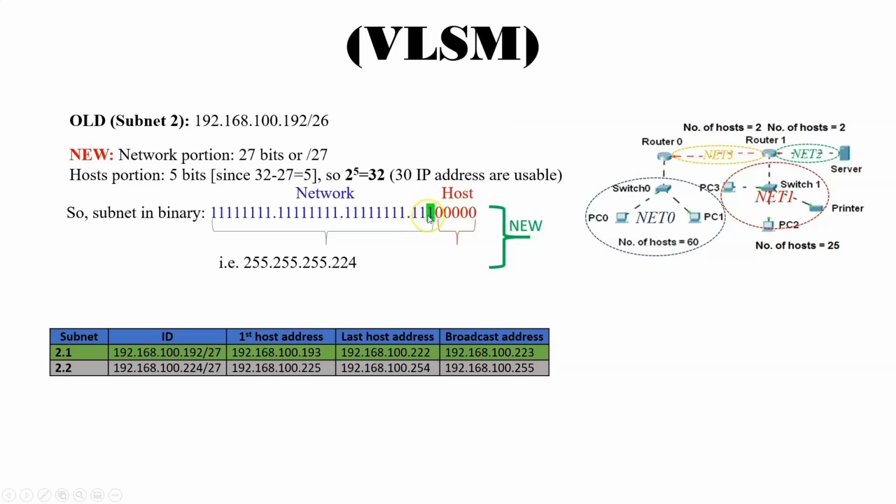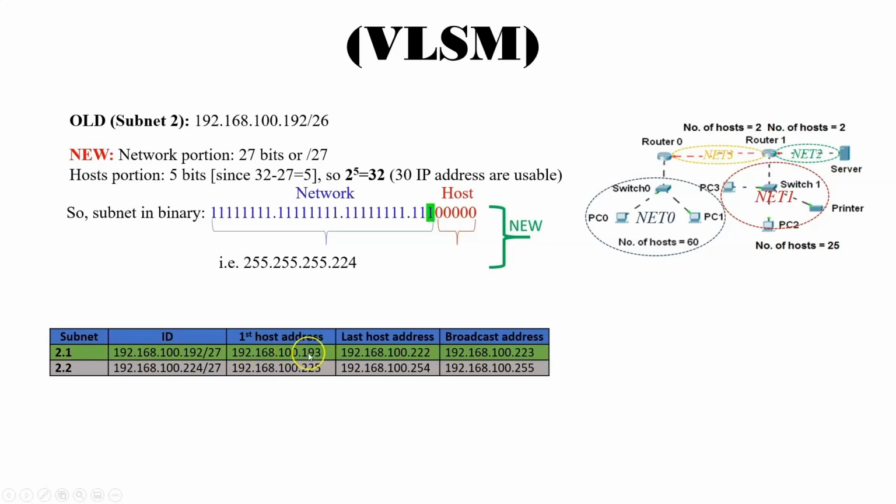If .192 is the first IP address for this subnet, what is the next IP address?